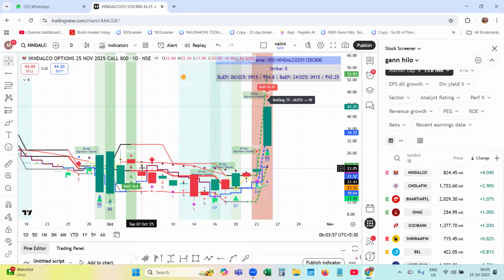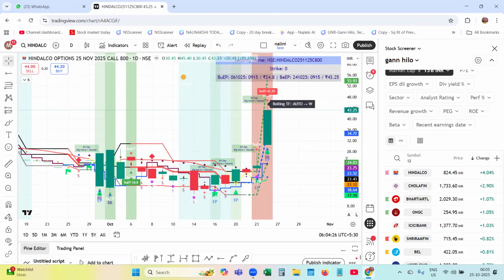Coming down, and when it started moving, you could have accumulated with the previous one. It is giving you past things, and it is giving you the option, the one which I have coded previously, it will give you in the options. So you can enter confidently over here around 17 or 18 rupees, and you go 1, 2, 3 days.